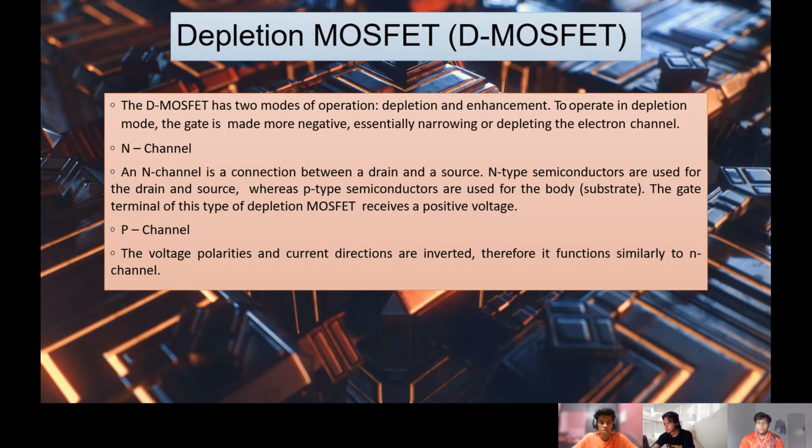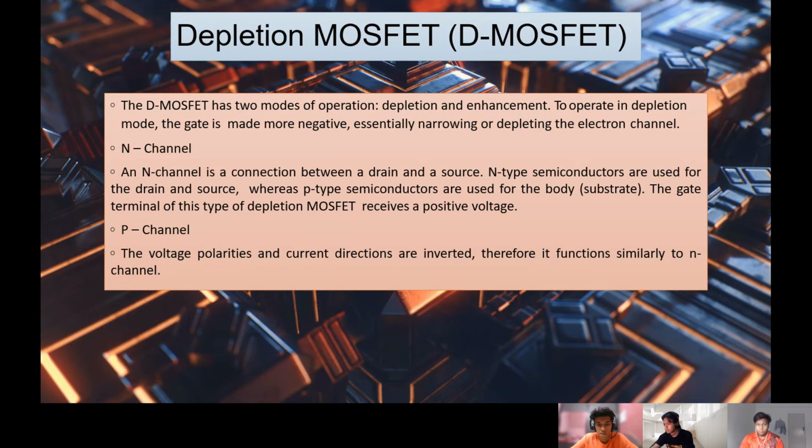Depletion MOSFET is also known as DMOSFET. The DMOSFET has two modes of operation, depletion and enhancement. To operate in depletion mode, the gate is made more negative, essentially narrowing or depleting the electron channel. N-channel: the channel is a connection between a drain and a source.